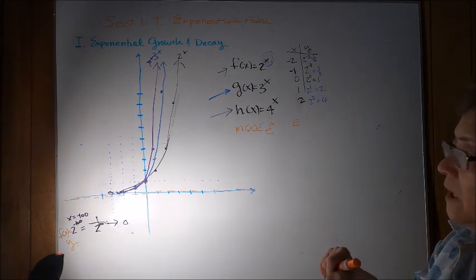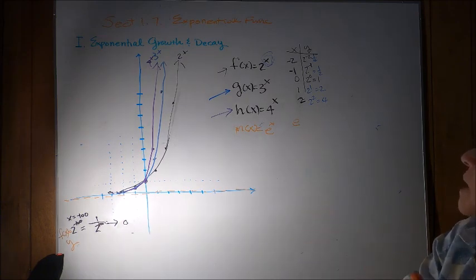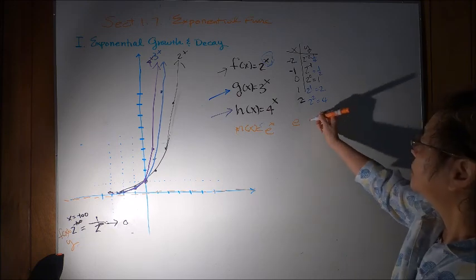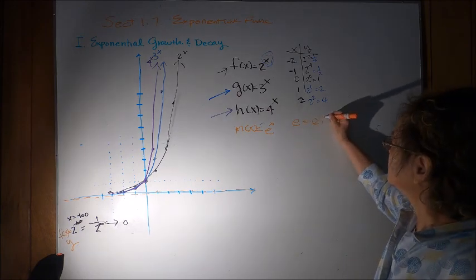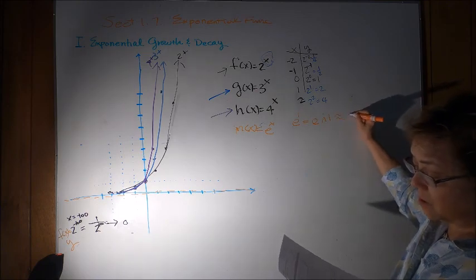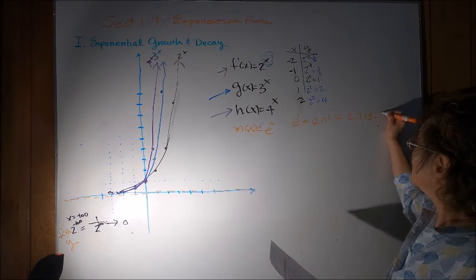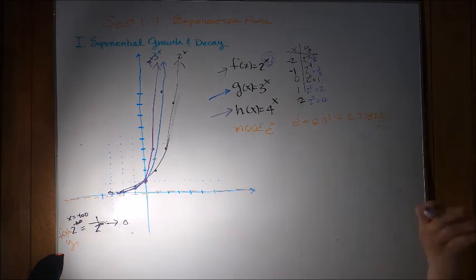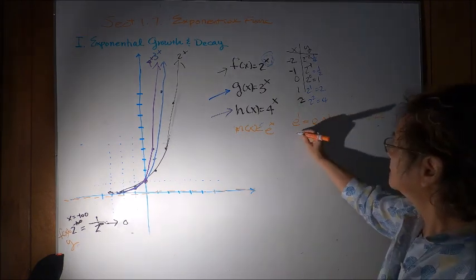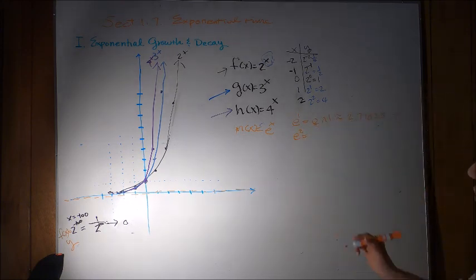So you hit shift to that color and hit the button. Or sometimes you just do e to the 1 power. So the number is about 2.71828. Try it and see if you can get this number. You need to practice your calculator to do the homework.